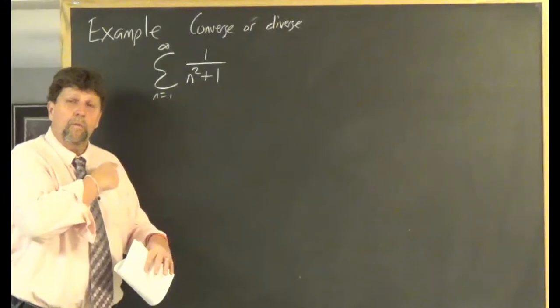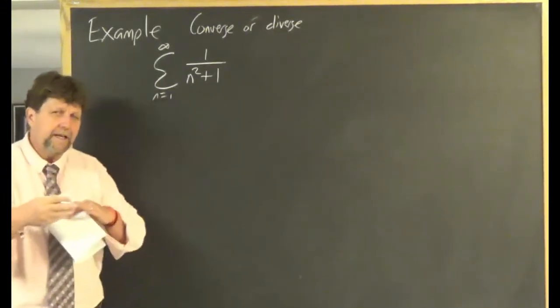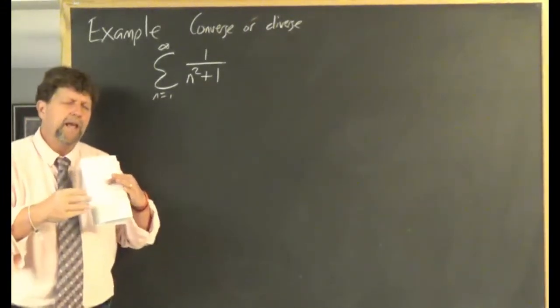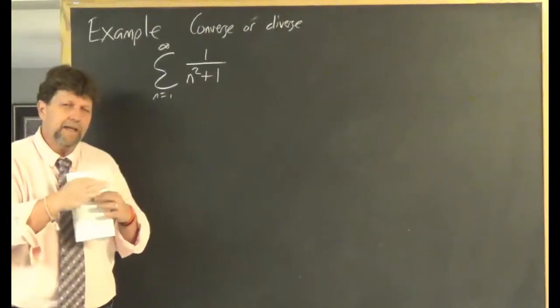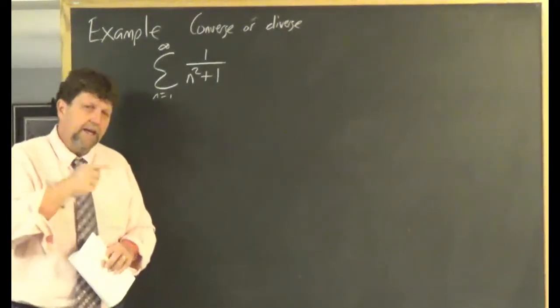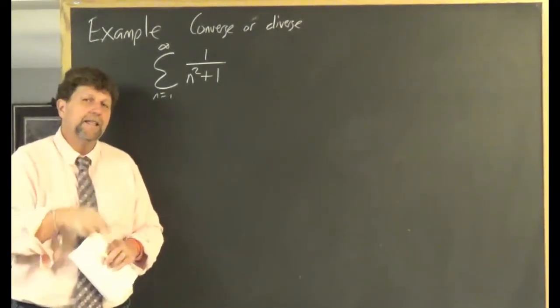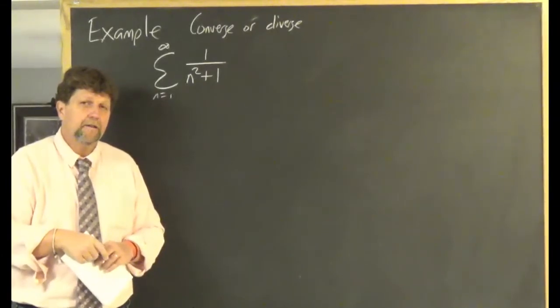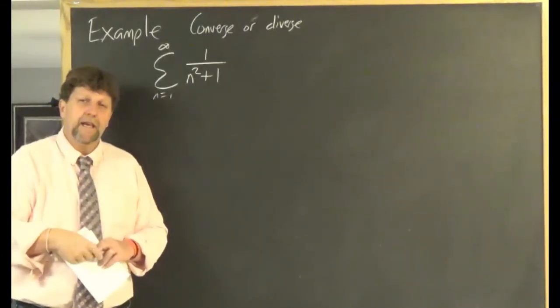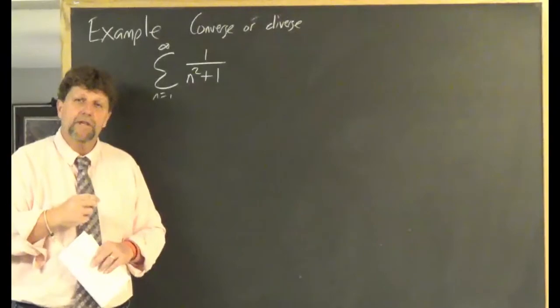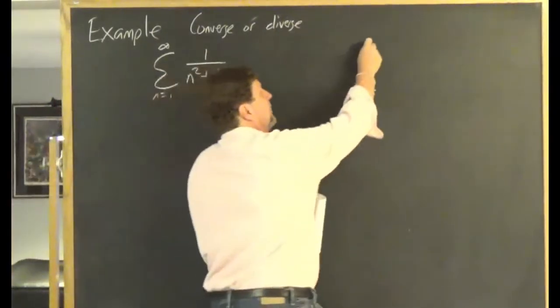So what pops into my head, and this is just kind of something going forward, if I see something that I think, man, I can quickly and easily integrate that, that's a good candidate for the integral test. So what do I mean?